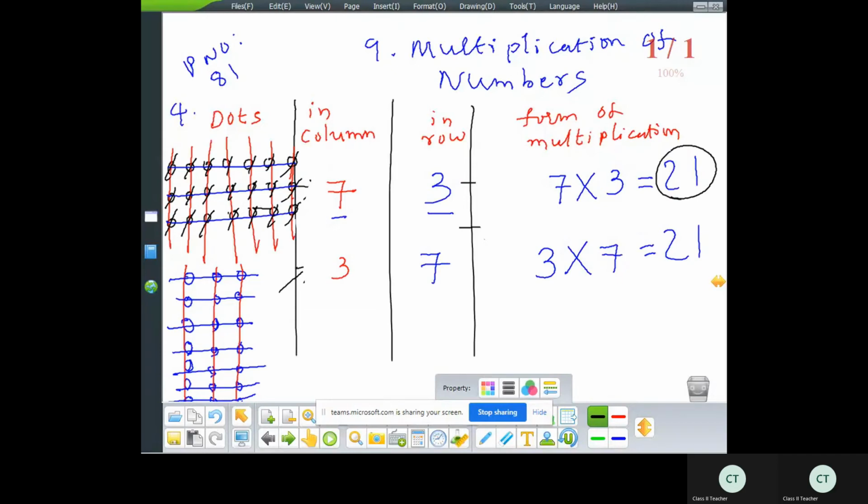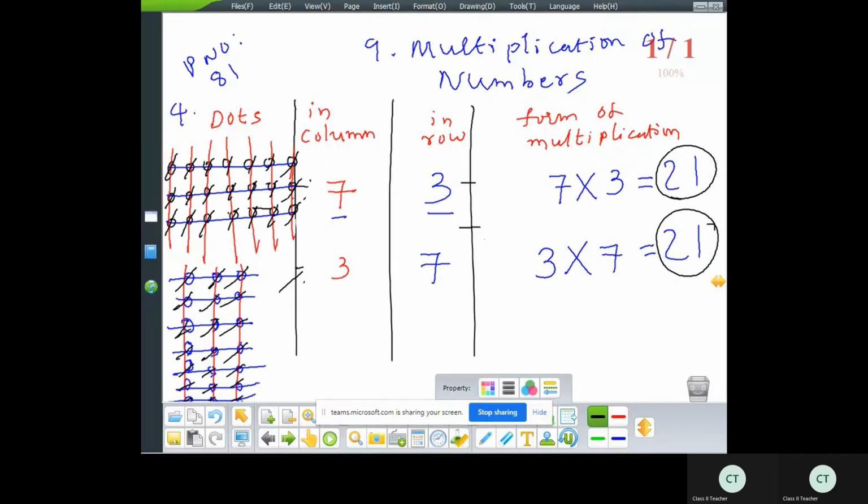Now in second part again you count how many dots are there. 21. Yes, our answer is 21. Number of dots are 21 with form of rows and columns, that is 7 3s are 21 and 3 7s are 21.